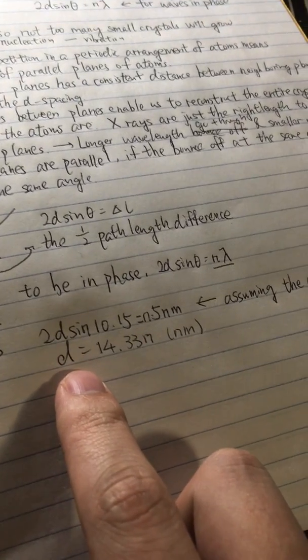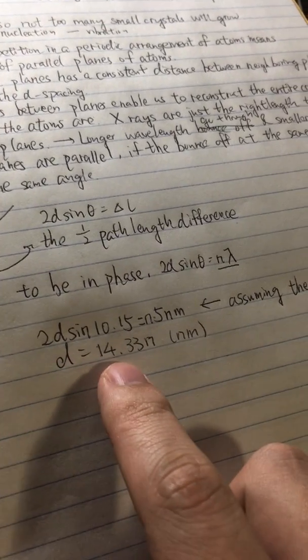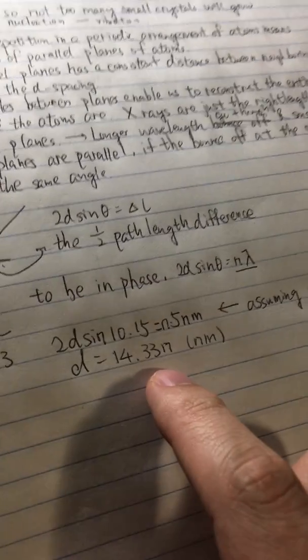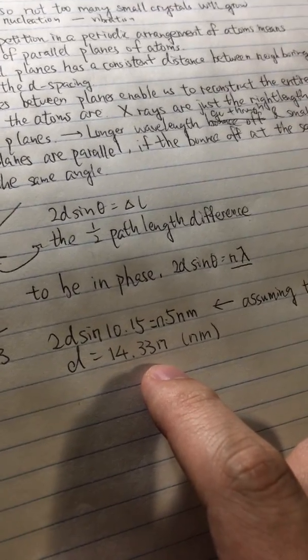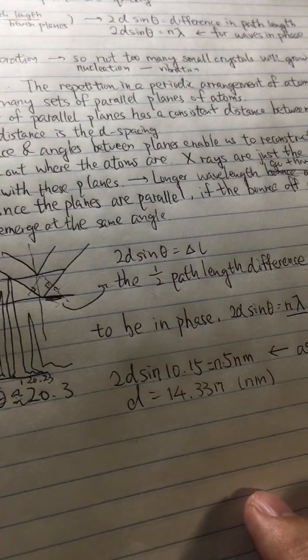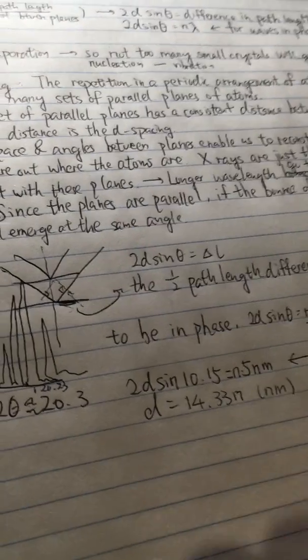The distance after some calculation would be 14.33n nanometers. So any multiple of 14.33 would be the path distance between alum solid layers.